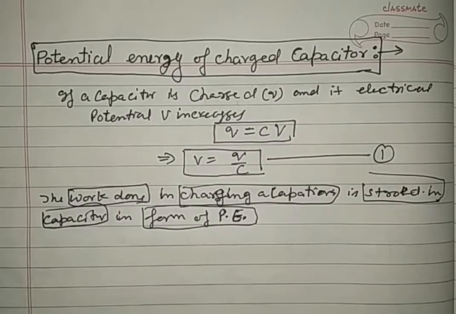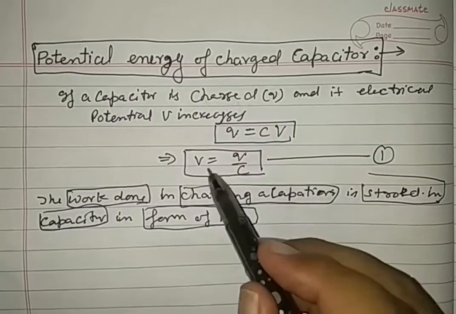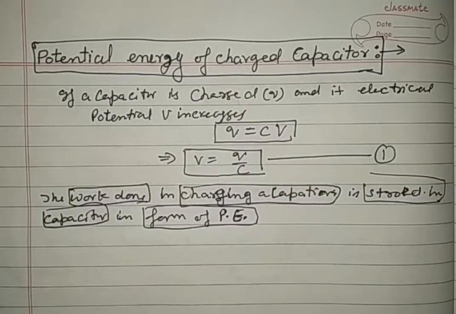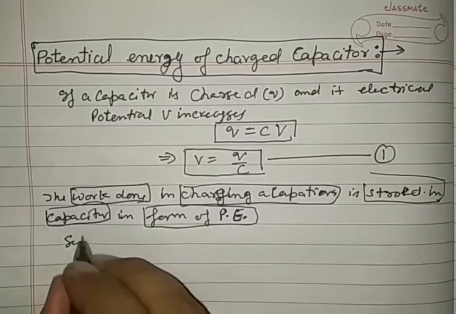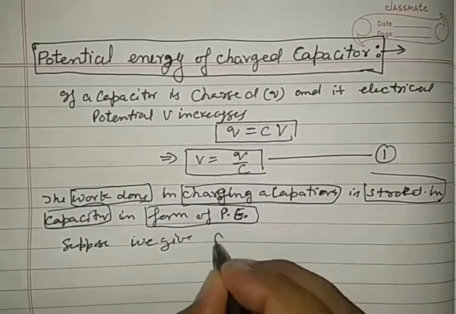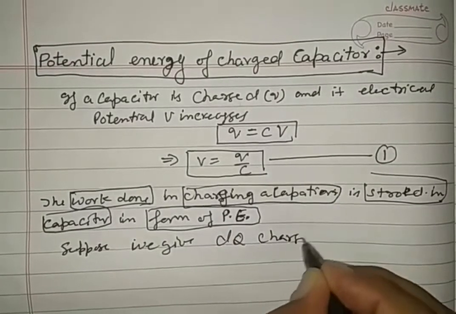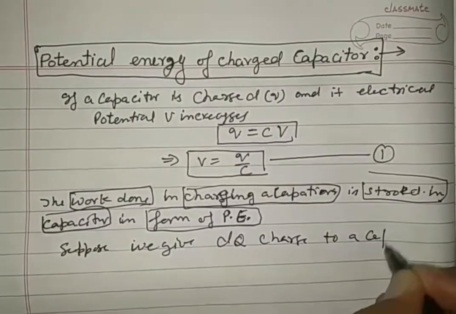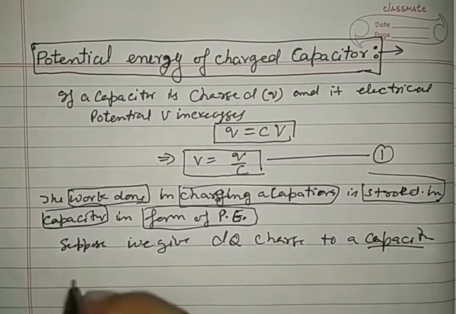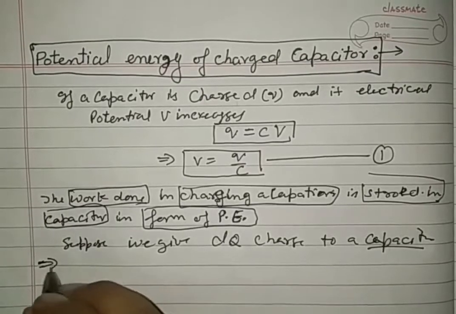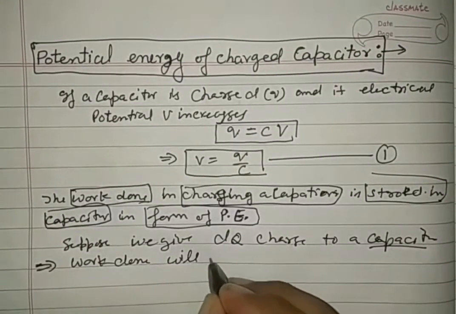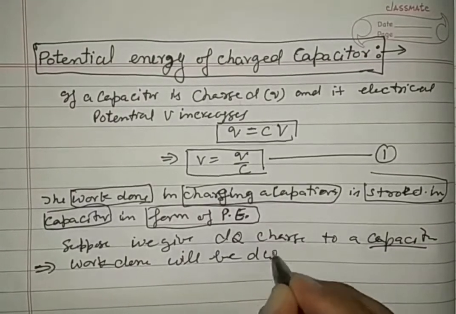Equation 1 is clear. We know Q is equal to CV or V is equal to Q by C. Up to here is common. Suppose we give dq charge to a capacitor. For that, the work done will be dW.